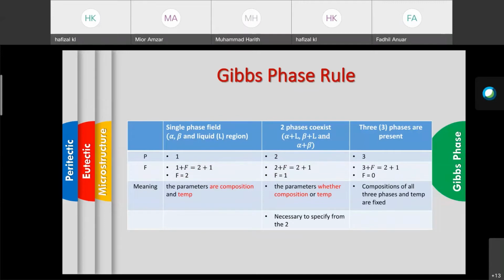It indicates that the parameters involved are the composition and temperature. For F equal to 1, we don't know whether it is the composition or temperature, so we need to specify one. And the final one is that the compositions of all three phases and the temperature are fixed. Okay.